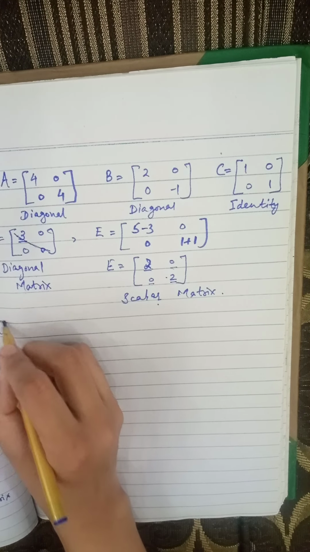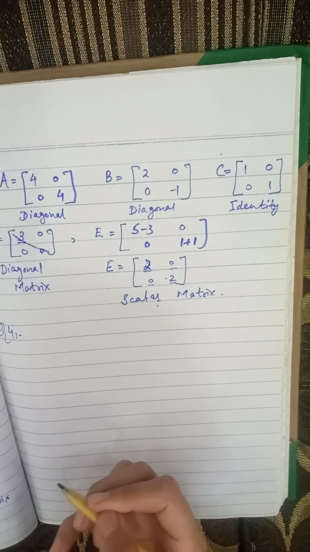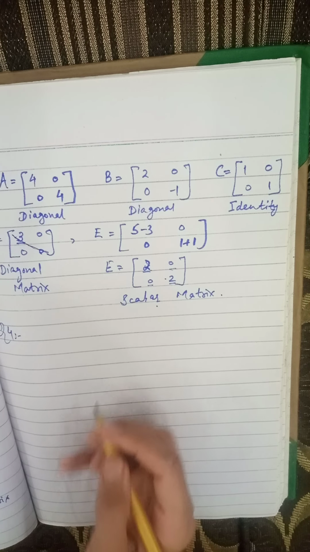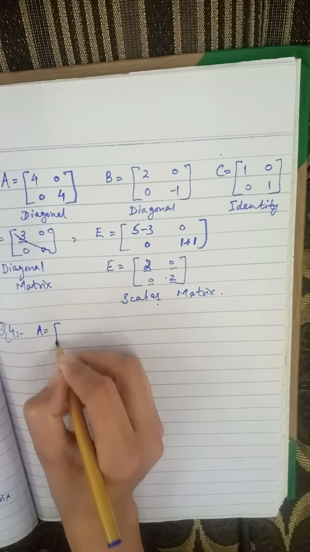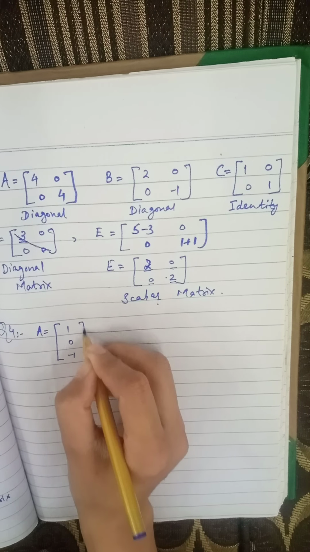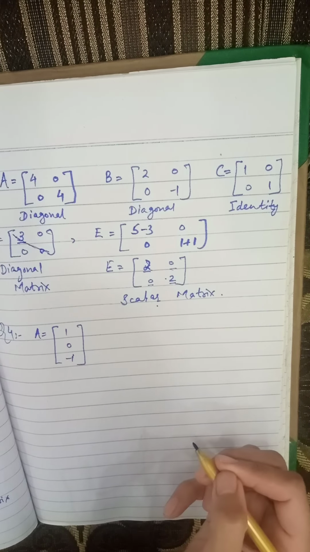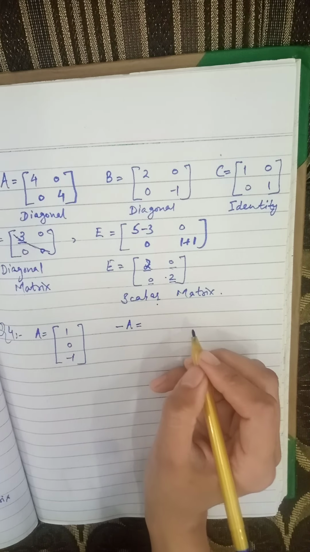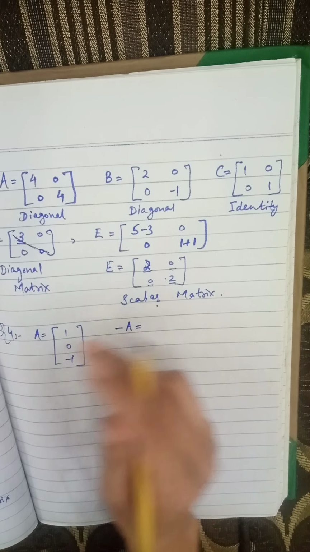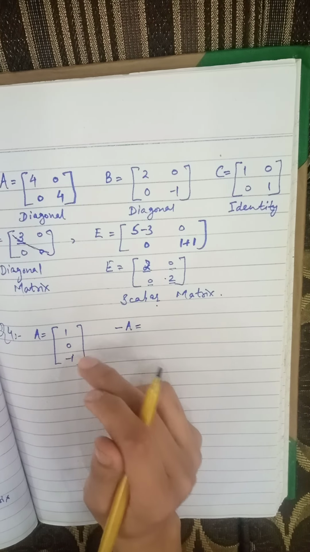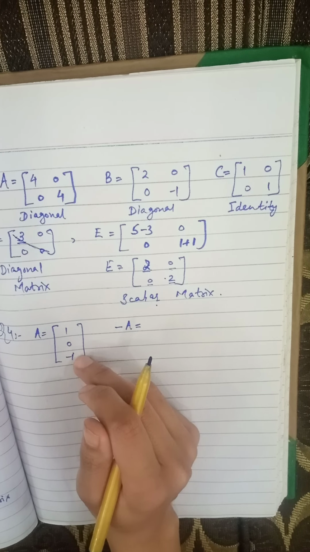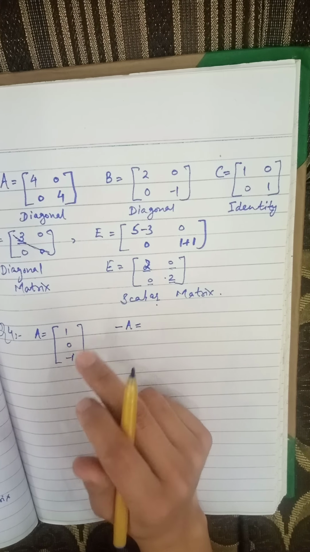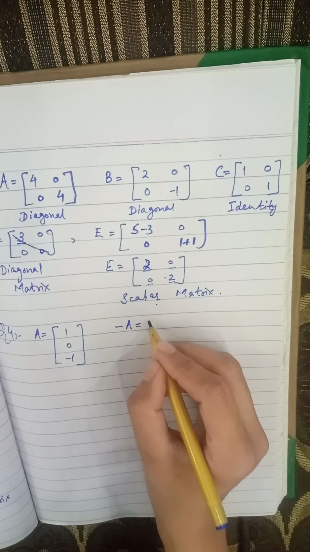Question number 4. Find negative of matrices A, B, C, D and E when A equals 1, 0, minus 1. Negative of A would be represented by minus A. And we are going to multiply minus with every single entry of the matrix, or you can say you are going to change the sign of every single entry of the matrix.